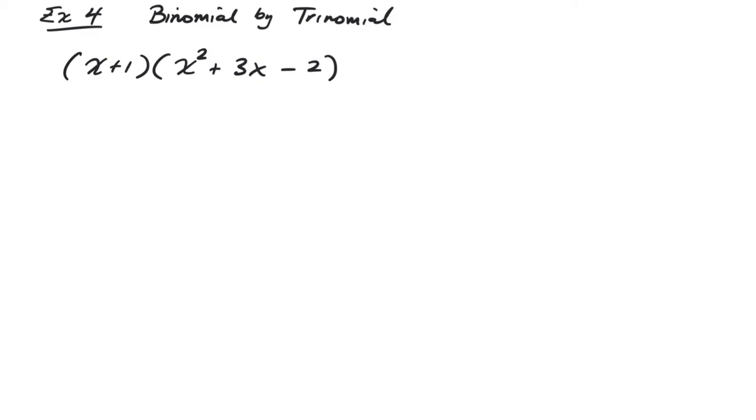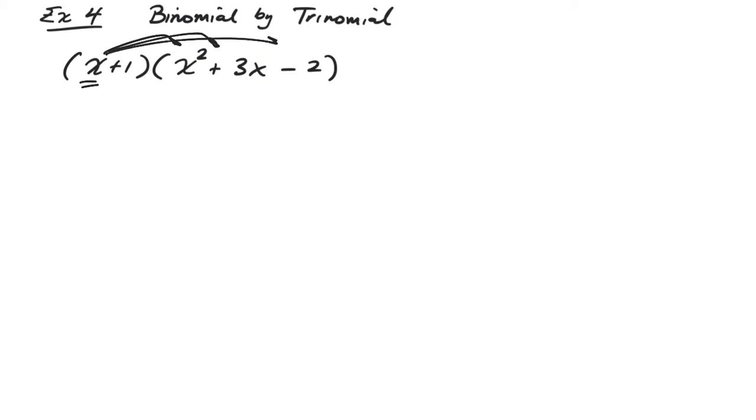Okay, in this example I introduce the idea of a binomial times a trinomial, and don't worry about it. To be honest with you, it's just more multiplications. It's not necessarily any harder, it's just more. So I take this first term. I start on the left term, and it doesn't matter for multiplication. You can start left or right, but I personally always start on the left. So I take this x, and all I'm going to do is distribute.